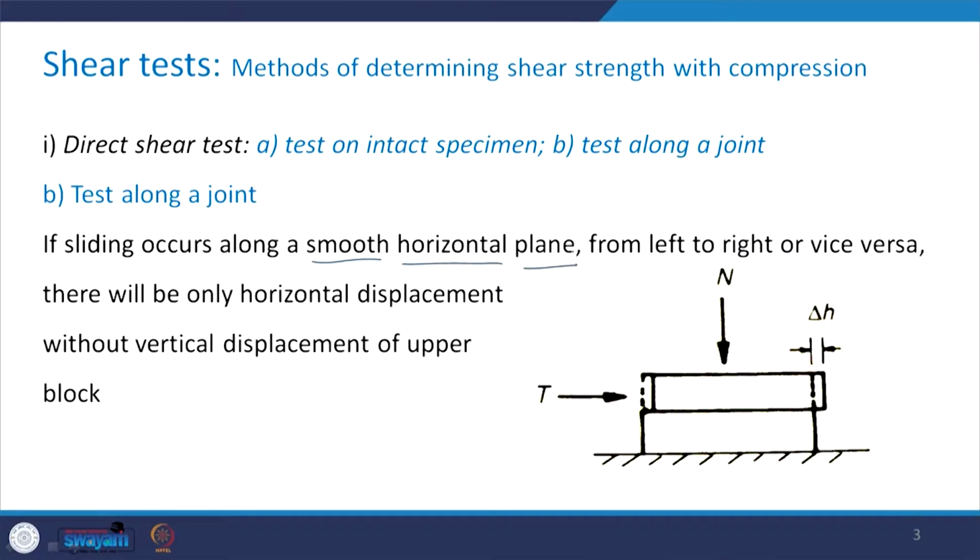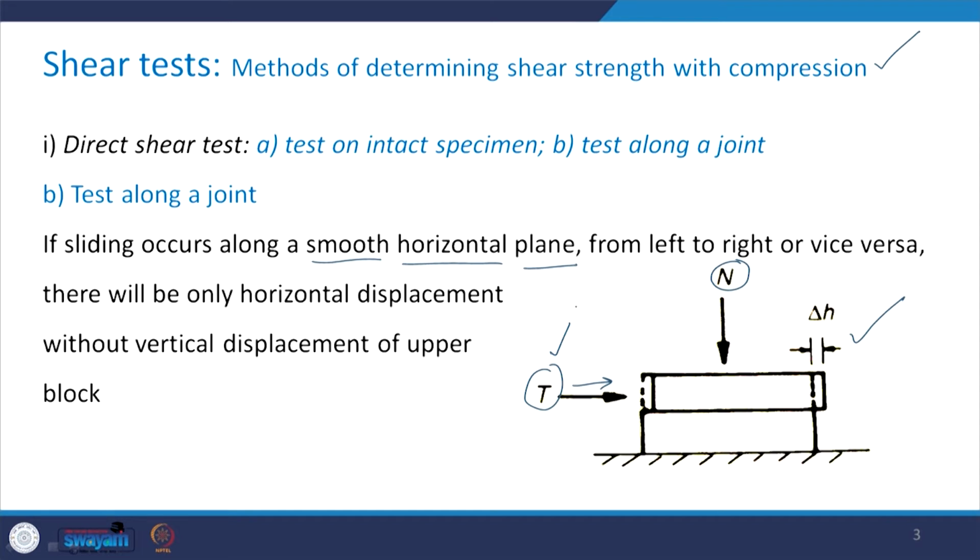And look at this figure: the shearing is occurring from the left to the right, that means shear force, which is T, has been applied from the left to right. And you see, as per this category, there is a presence of this compressive load, which is N. Now, what will happen upon the application of this T?